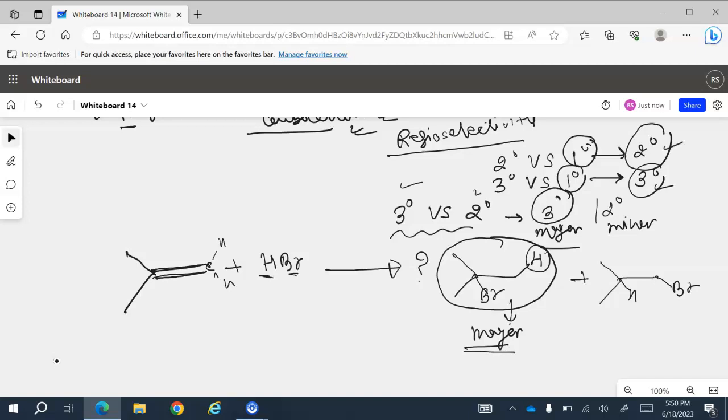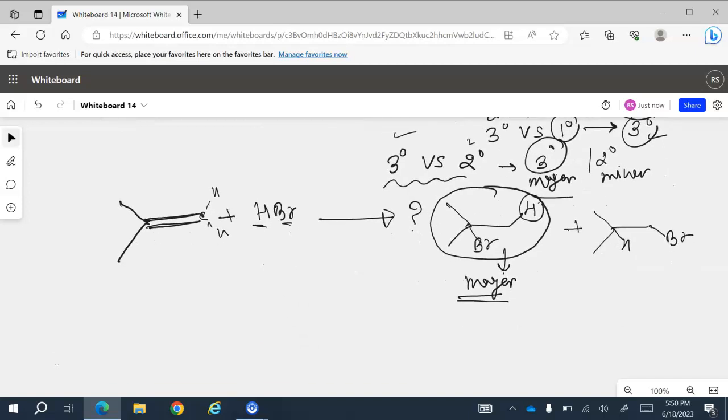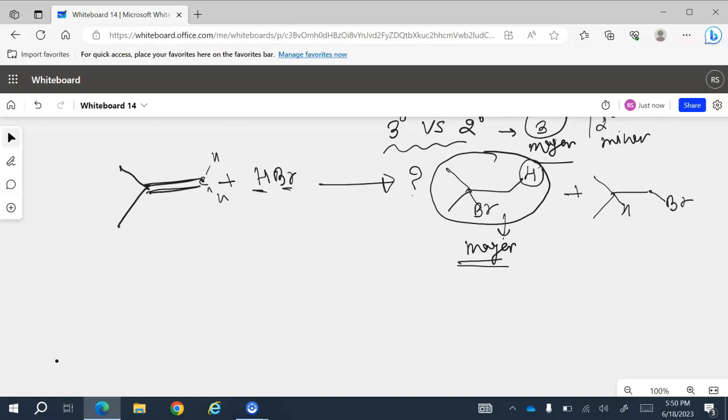Now, the other point to be noted: this is the addition of hydrogen halide. Is the Markovnikov rule always applied? The answer is yes, except for the peroxide effect.